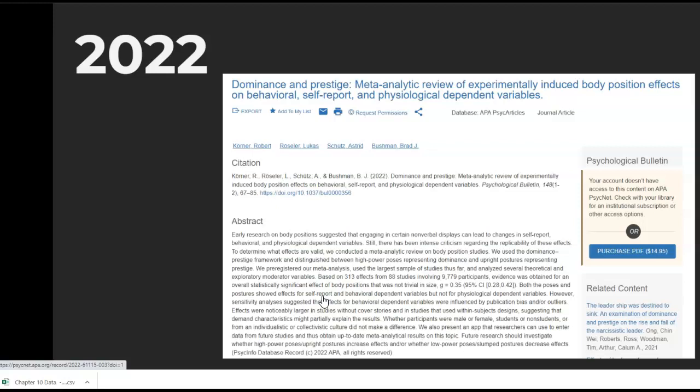And we're not going to go over all the details here, but some things that they notice is that they get larger effect size with within subjects designs, which is not really surprising because when you do a within subjects design, it's easier for the participants to tell what the purpose of the study is. If you do both power positions and they measure your feelings after both, you can tell that you're supposed to have different feelings after being in these two different positions. And then you have demand characteristics, where you have participant and experimenter bias, particularly possibly affecting the results.